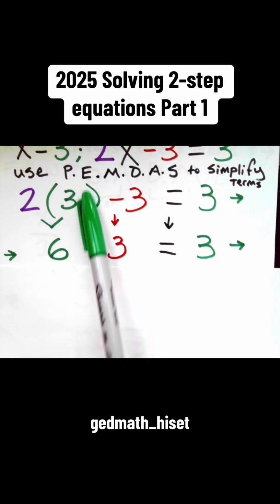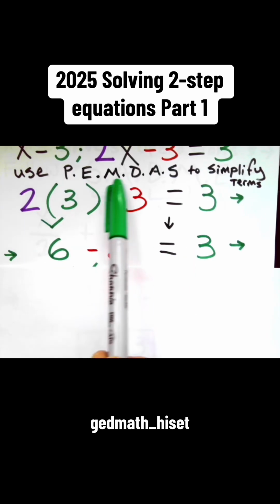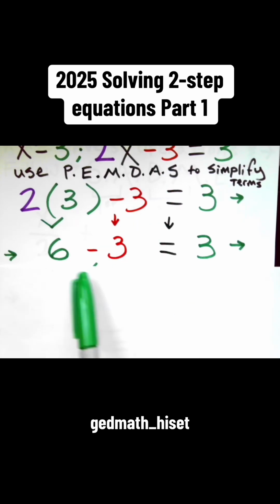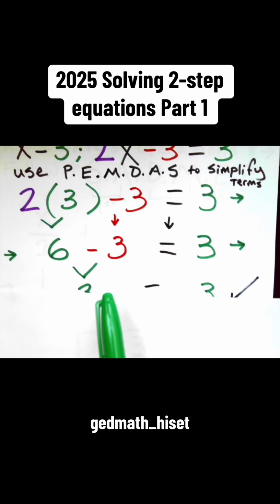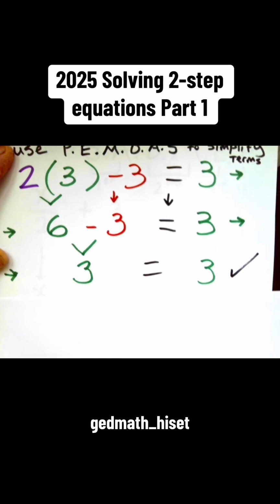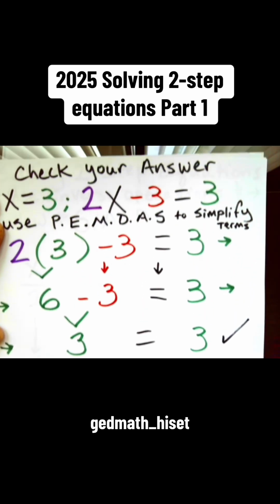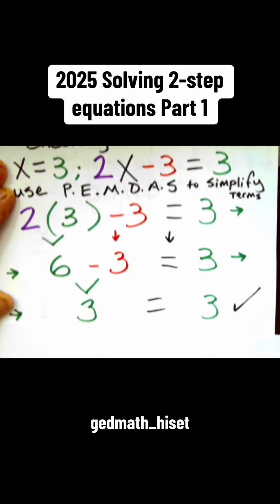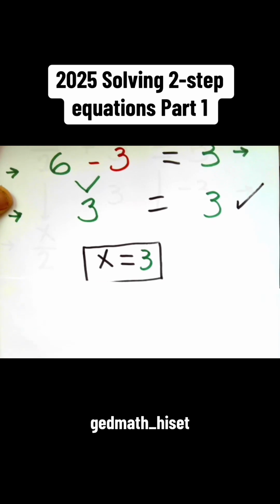There's no parentheses. There's no exponents here. I cannot multiply or divide. I can add or subtract. 6 minus 3 is 3. Does 3 equal 3? Is that a true statement? It absolutely is a true statement. Then I know in this particular problem I started with, 2x minus 3 equals 3, that x has got to equal 3.